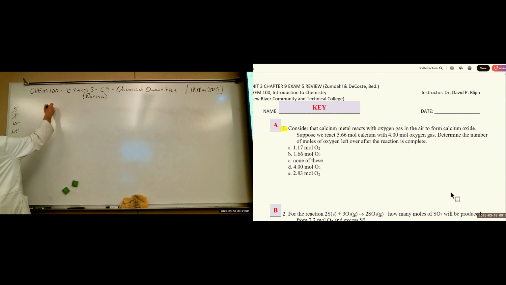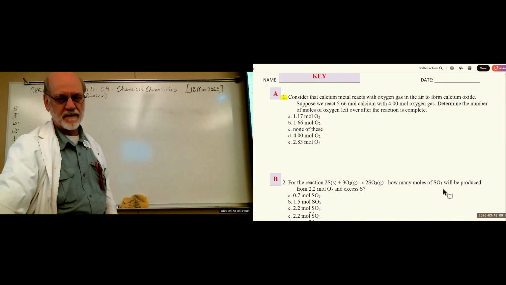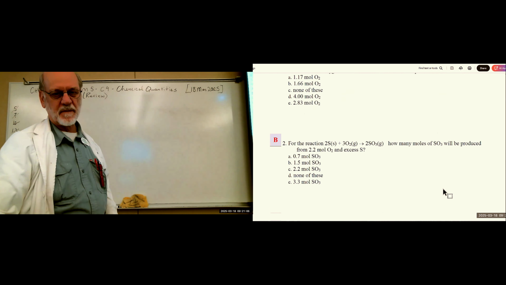Okay, now we're going to number three. Go. Sodium and water react according to the equation. And we're given the balanced equation. Sodium and water make sodium hydroxide plus hydrogen gas.